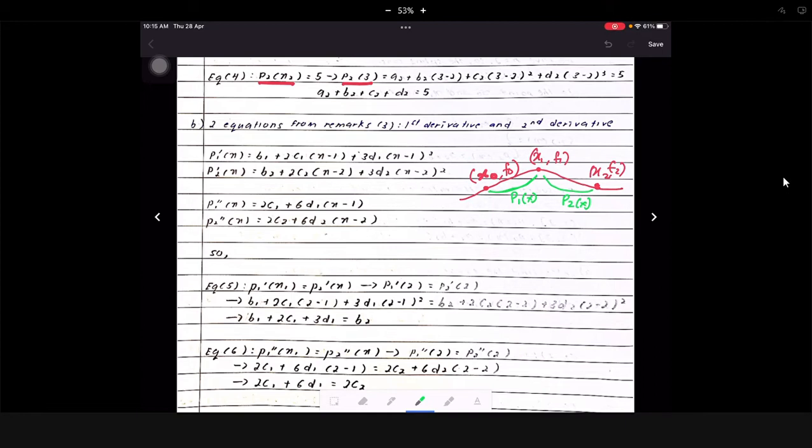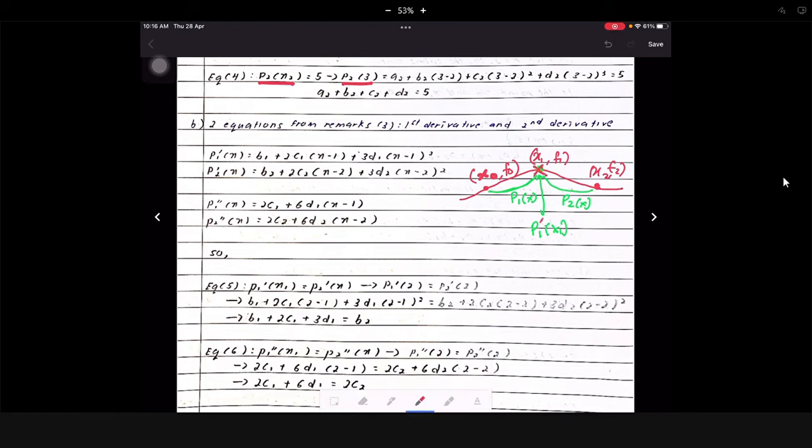Berkenaan dengan derivatif ni, so pada titik x1, okay, maksudnya P1 x1, okay, kat sini dia adalah continuous kan. So function P1 pun sentuh pada x1, function P2 pun sentuh pada x1.